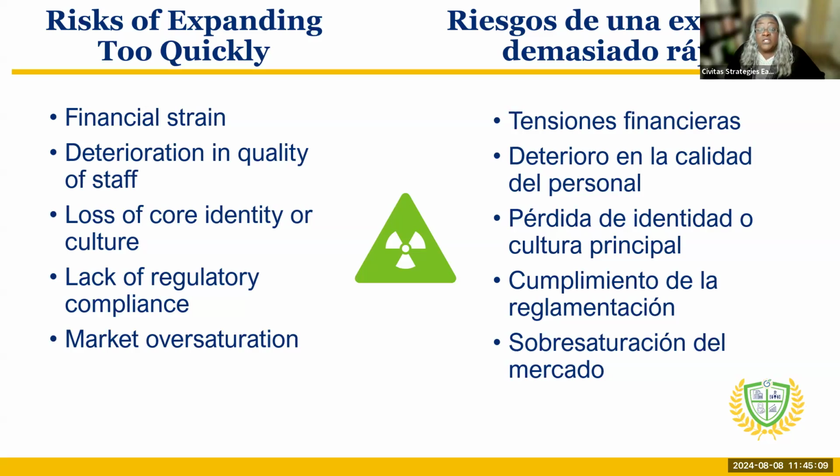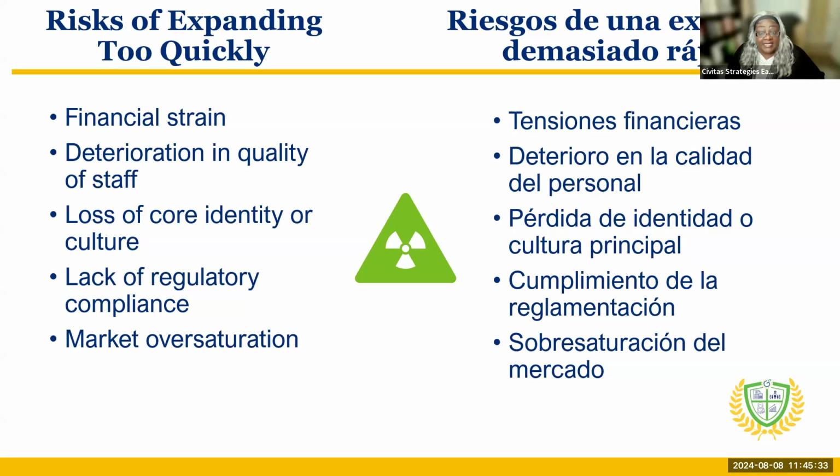So, there's also the risk of losing your business's core identity or culture. Now, what makes your business or your childcare services unique? As you grow, it can become more difficult to maintain the personal touch or specific approach that initially made your business successful.